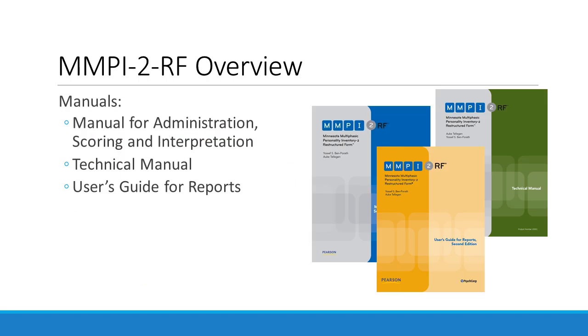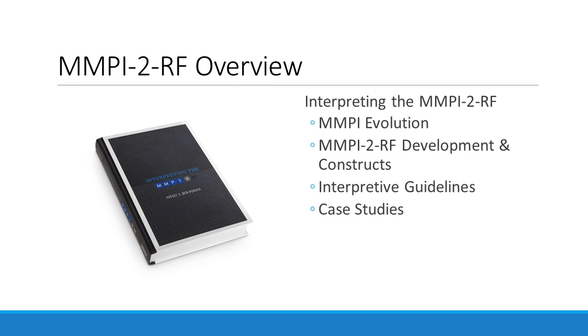In terms of guiding the use of the MMPI-2-RF, there are 3 standard manuals. The Manual for Administration, Scoring, and Interpretation, which is the blue one to the left. The Technical Manual, which includes a lot of the psychometric information on the instrument, is the green one in the back, and then the User's Guide for the reports that details the use of the score report and interpretive report is the yellow one in front.